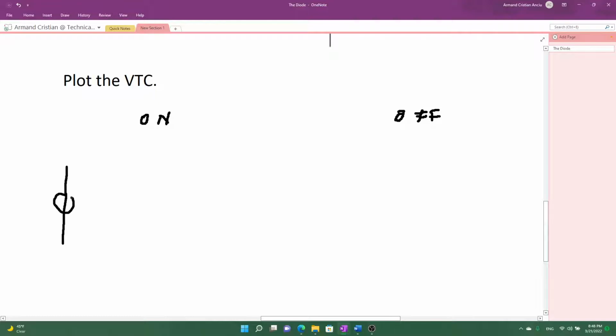And because we stated that our ideal diode behaves like a switch, basically the diode itself becomes a switch. Only we also keep the anode and the cathode in the circuit as well.